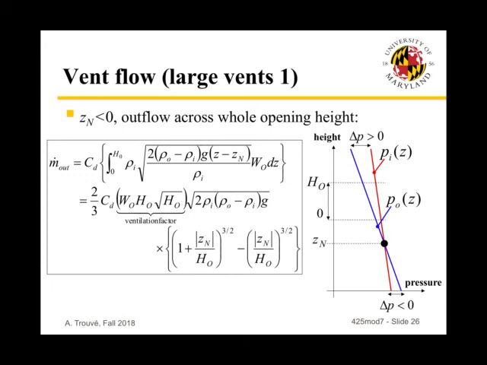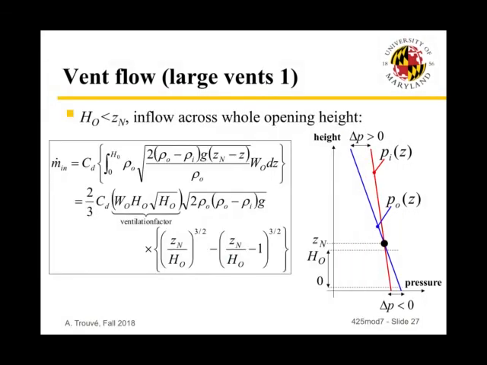And that's the first evidence that the ventilation factor does indeed play a role in the estimation of the mass flow rate through the vents. So this is the first case where Z neutral is lower than 0, where 0 is the elevation of the sill of the vent. Let's look now at the opposite situation where Z neutral is above H0, above the elevation of the soffit of the vent.